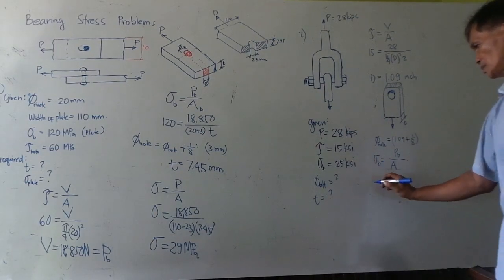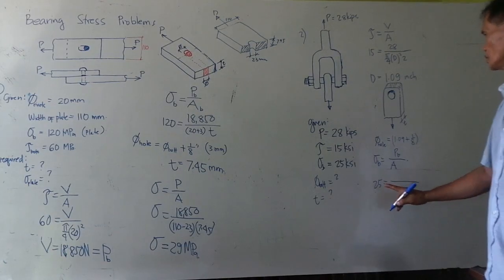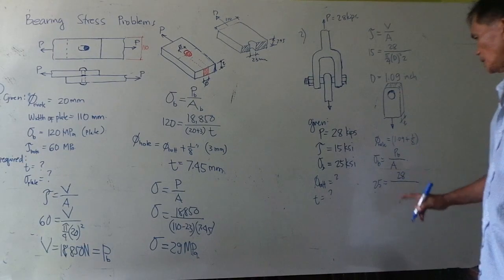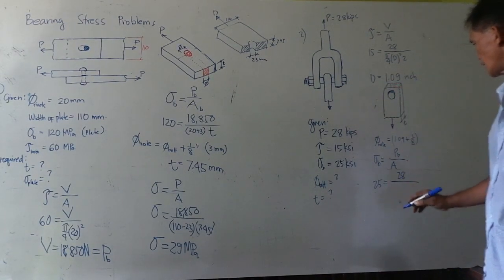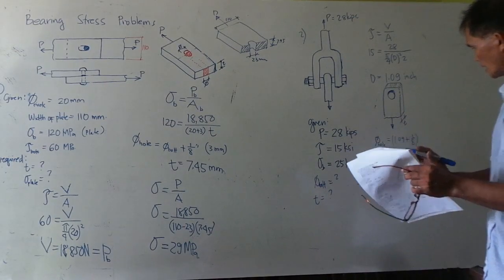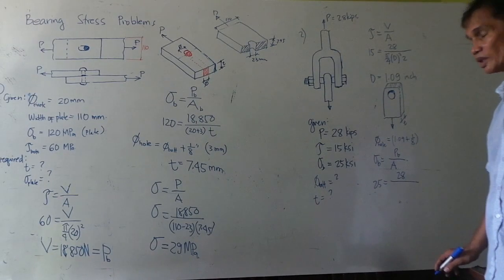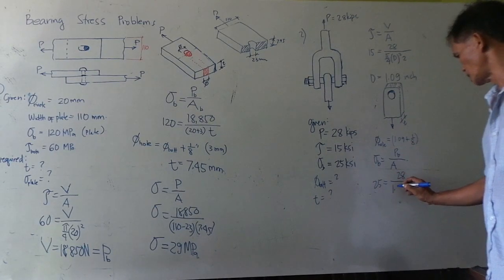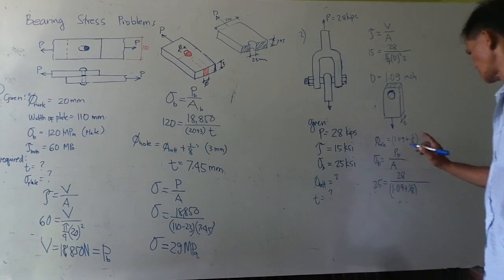So you have 25 equals 28 kips divided by the projection of the contact area, which is the diameter, 1.09 plus 1/8, times the thickness t.